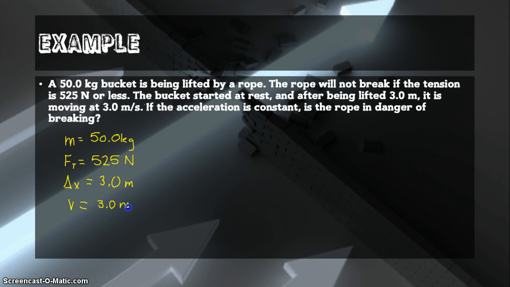Obviously, so 3.0 meters per second is going to be our final velocity, because that's what it's moving after it's been lifted 3.0 meters. We have a constant acceleration, but we don't know what it is, and we want to know if that tension exceeds 525 newtons.